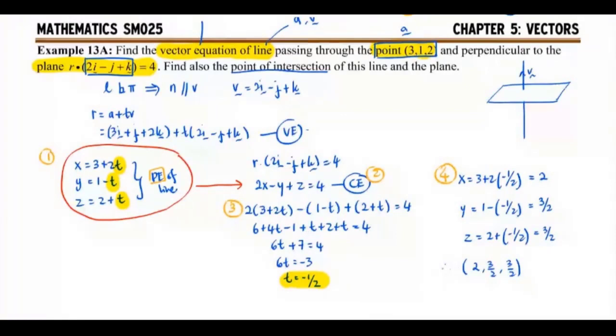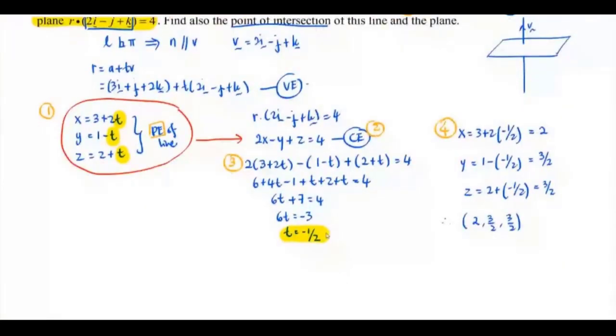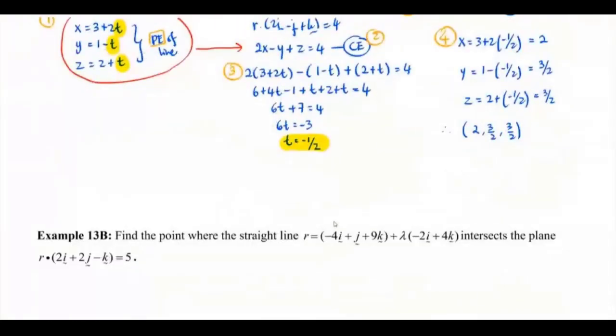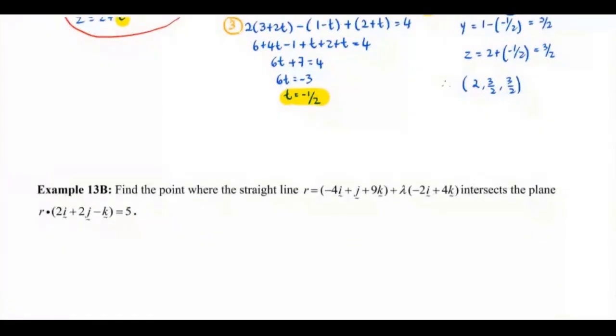13b. Okay, 13b, the same thing, we have to find the intersection between line and plane. So same pattern. What is given is the vector equation for line and vector equation for plane. So first change this one to be parametric and then this one to be Cartesian.